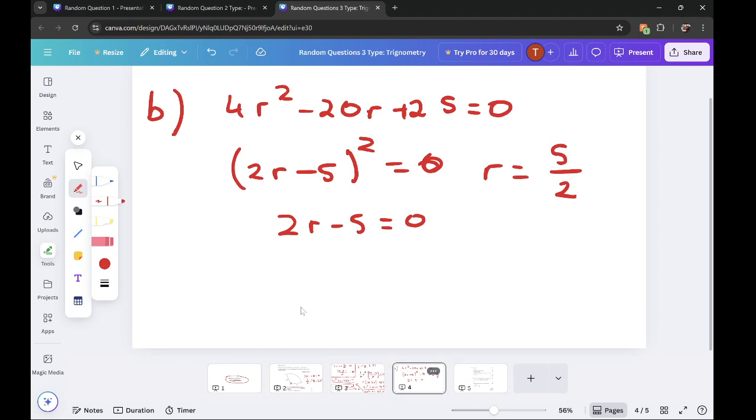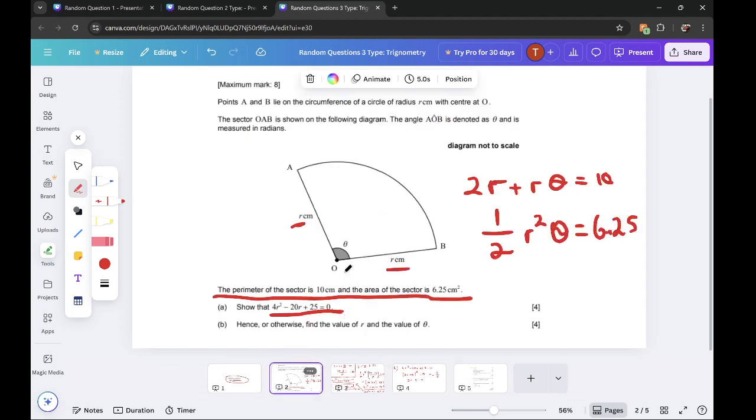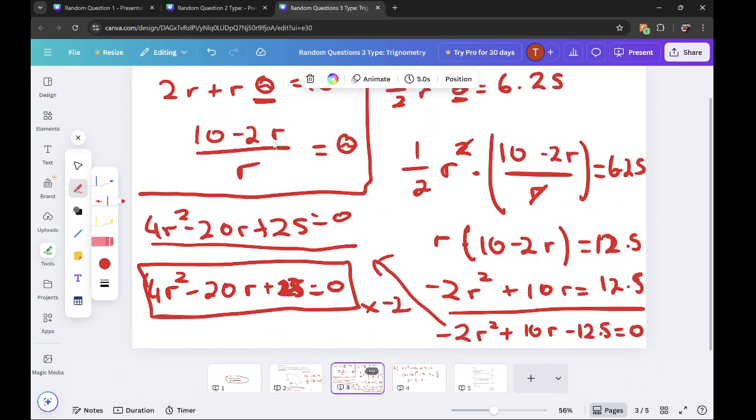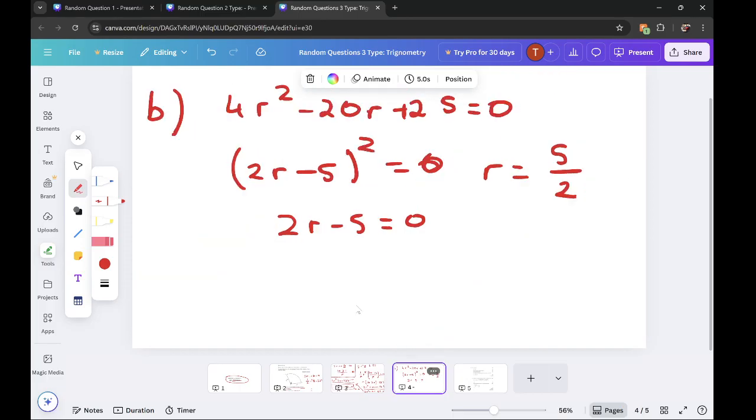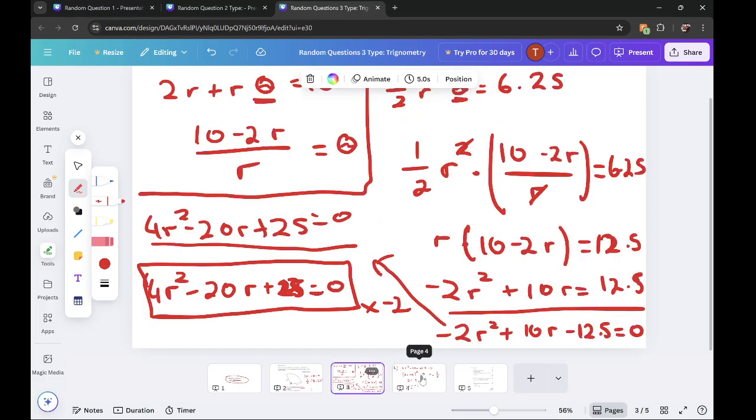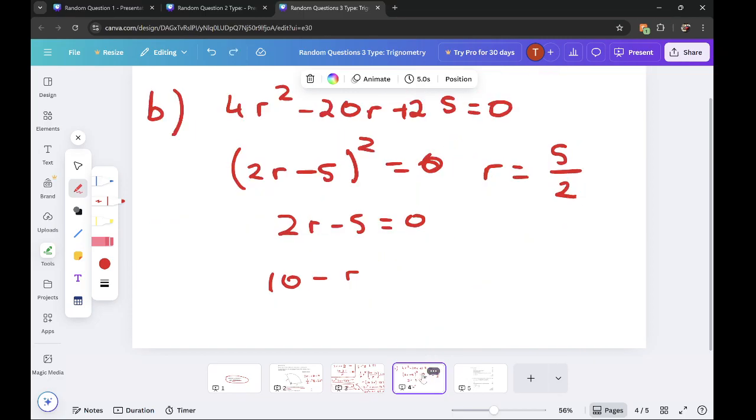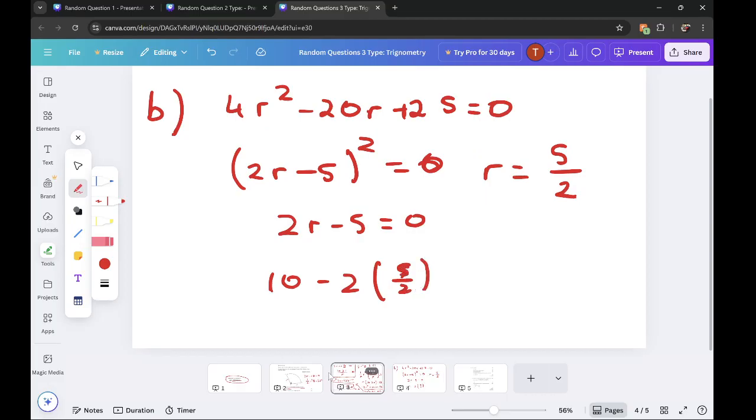Once you get this, all you do is plug this back into one of your equations. Since r is equal to 5 over 2, you plug it in, you get 10 minus 2 times 5 over 2, divided by 5 over 2.